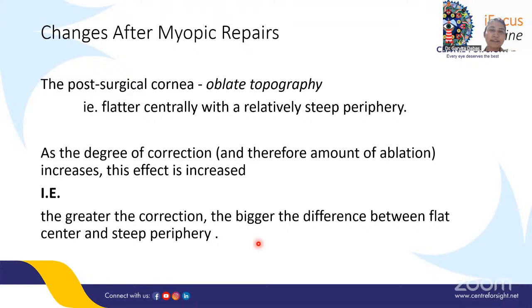What it means is that post a myopic correction, the center becomes flatter with a relatively steep periphery. As the degree of correction increases, that is, the amount of ablation increases, this effect is increased. That is, the more the correction, the more the difference between the flat center and the steep periphery.